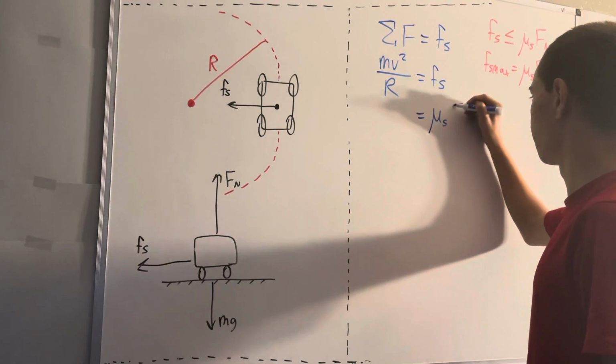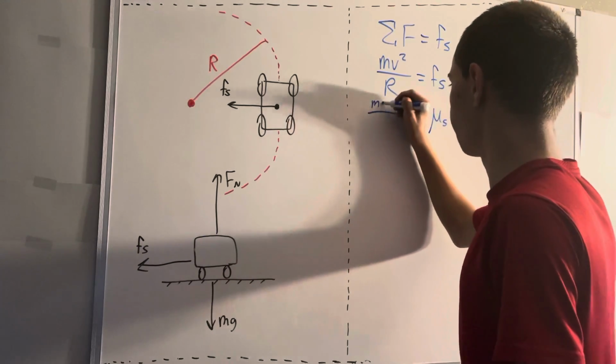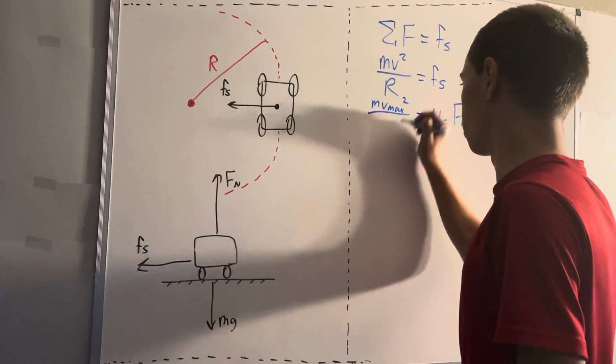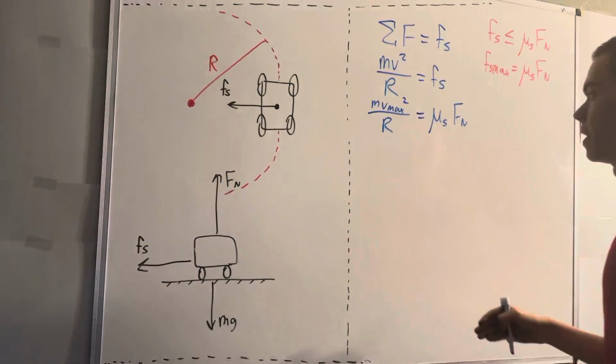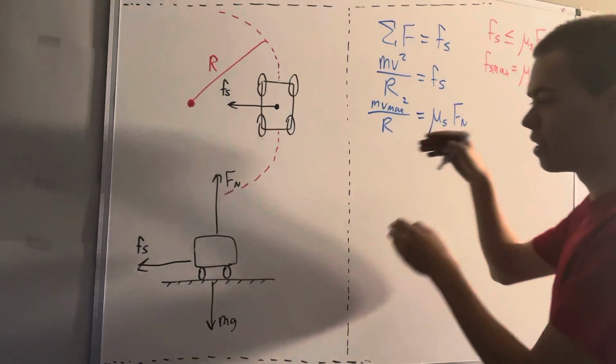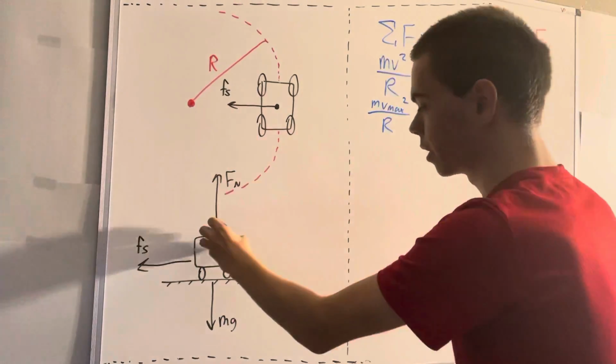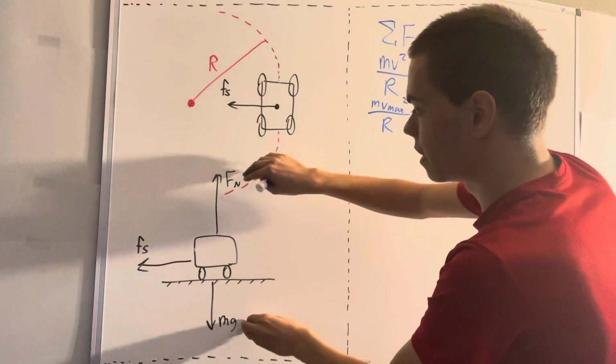So mu s Fn is pretty much what we get from this, m v max squared over r, because it's the maximum speed. Now we know what the normal force is, because the car is not going to move upward and it's not going to move downward. Normal force and the weight force cancel out.